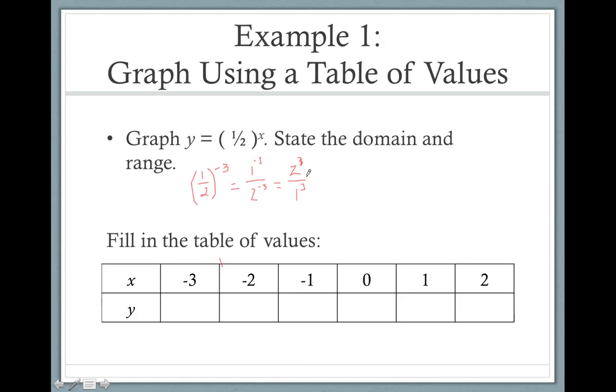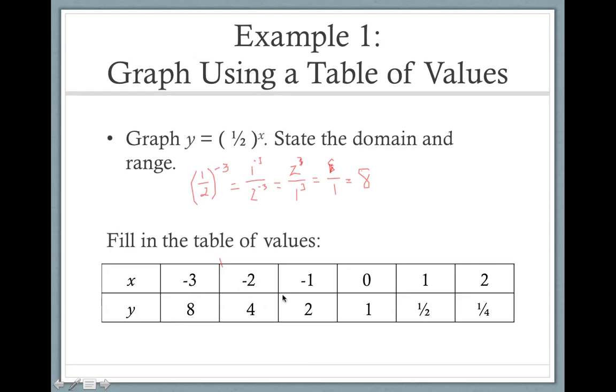Okay, and that's going to end up giving us an 8. Wow, 8 over 1, which is just 8. So a -3 for x ends up giving us an 8 for y.